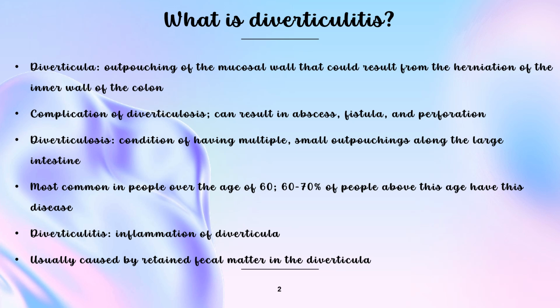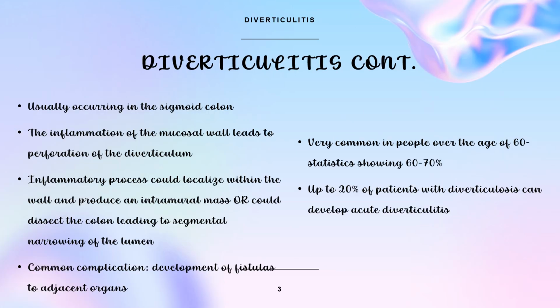Diverticulitis can be a really big complication and it can be very serious if not taken care of. Again, this usually does occur in the sigmoid colon, and the inflammation of the mucosal wall leads to perforation of the diverticulum, which can lead to a localized peridiverticular abscess that can be walled off by fibrous adhesions.